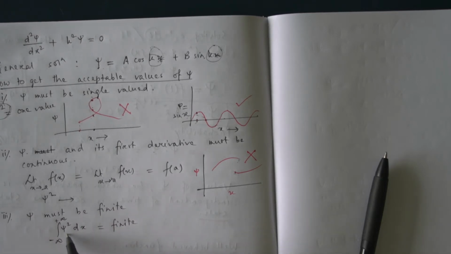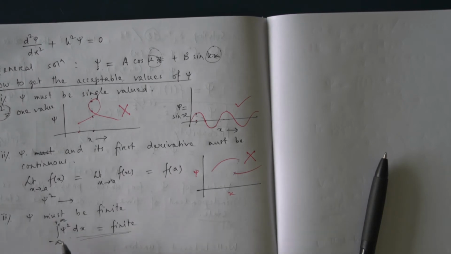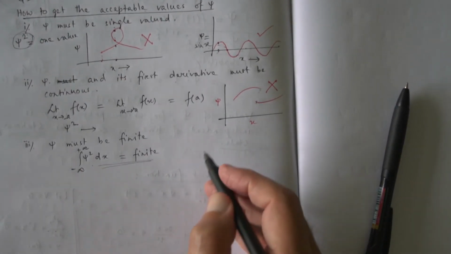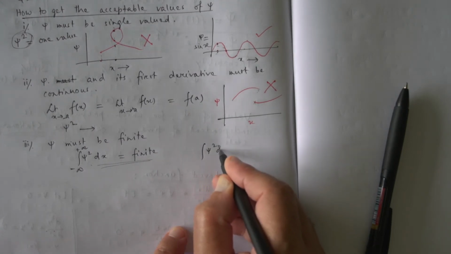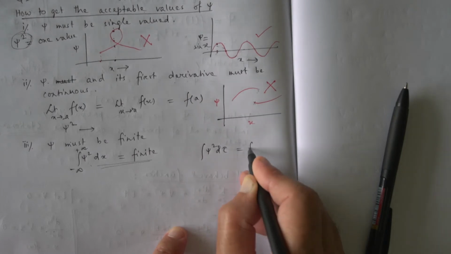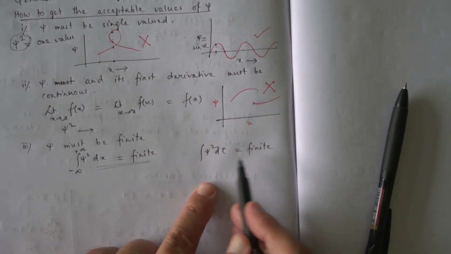We call it quadratically integrable. This is in 1 dimension. But in 3 dimensions, we will write psi square d tau, that must be finite.